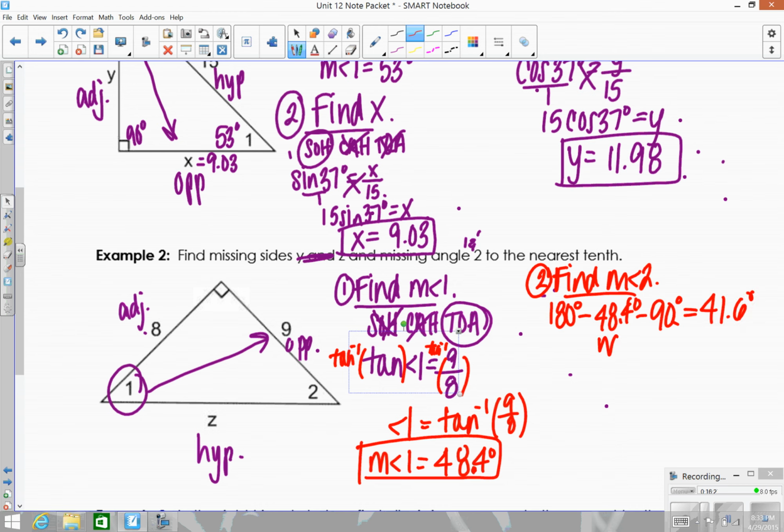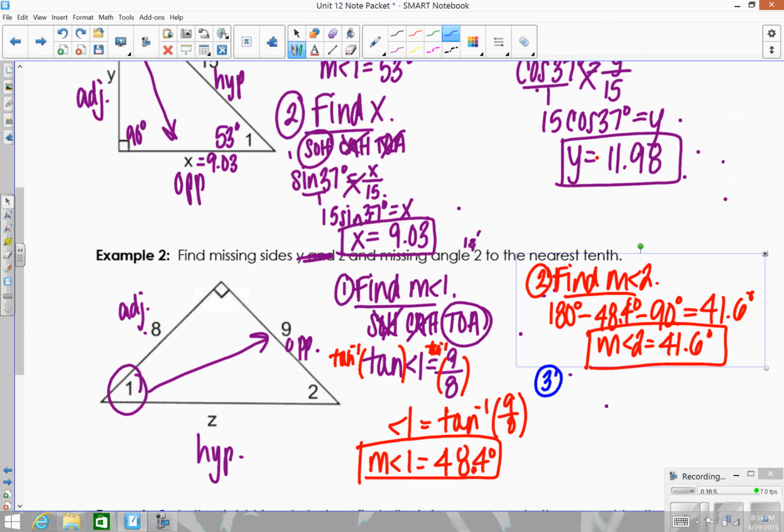So the measure of angle 2 is 41.6 degrees. Now, you could do SOHCAHTOA again, like what we just did to find angle 1, and you should get the same measure, but it's quicker once you know one angle to find the third angle, just subtract them from 180 instead of going through the whole SOHCAHTOA process if you don't have to.